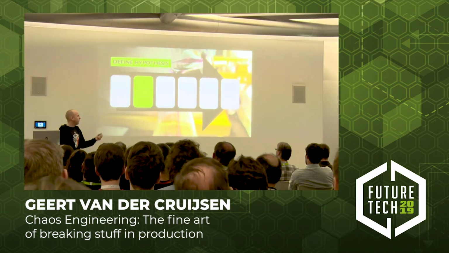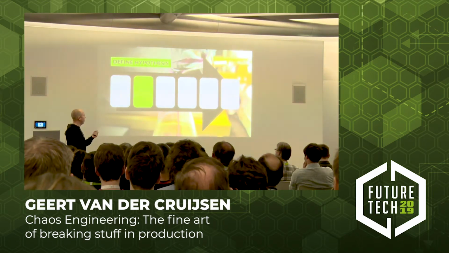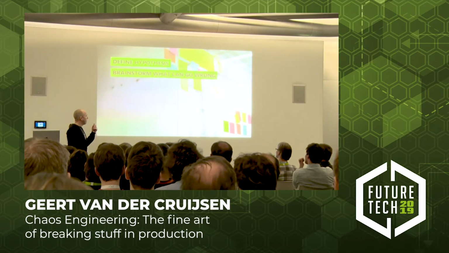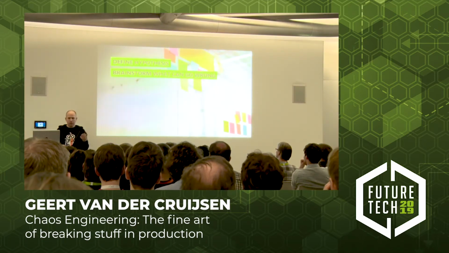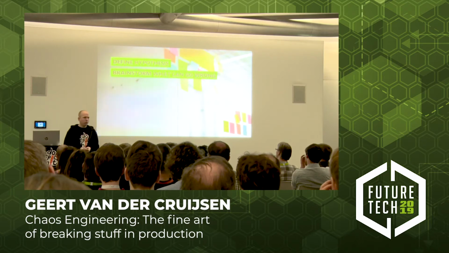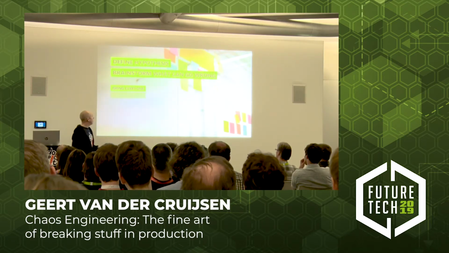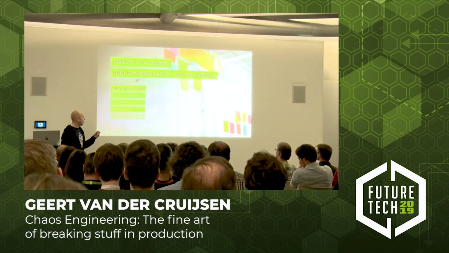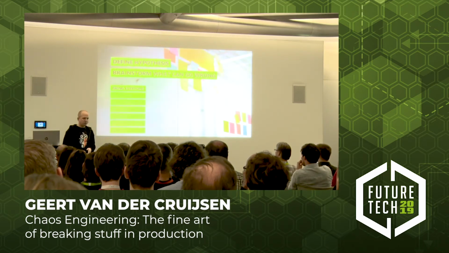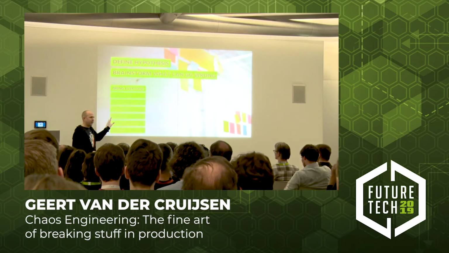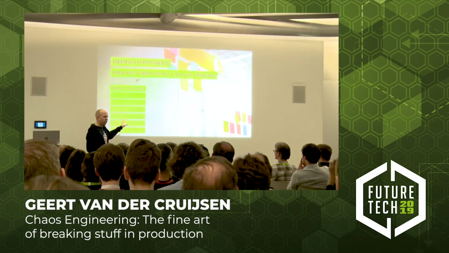So then we define our hypothesis. And how are we going to do this? What you do is you bring in all the people and you start brainstorming what could go wrong. And it's often already a nice exercise to do with the people.